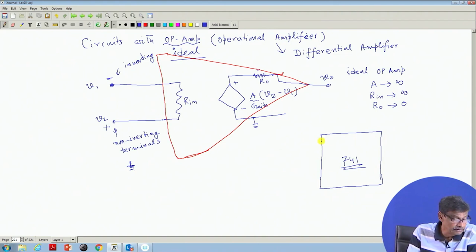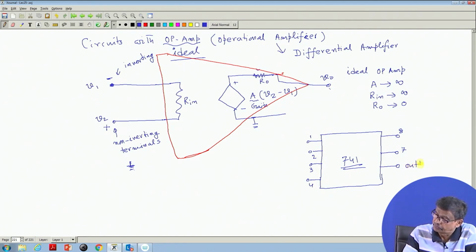The pins are numbered 1, 2, 3, and then 4, and here it will be 8, 7 and 6. It is terminal 6 where the output is collected.